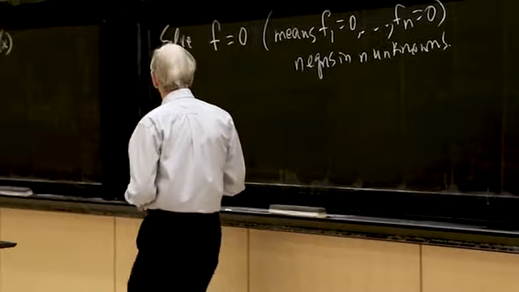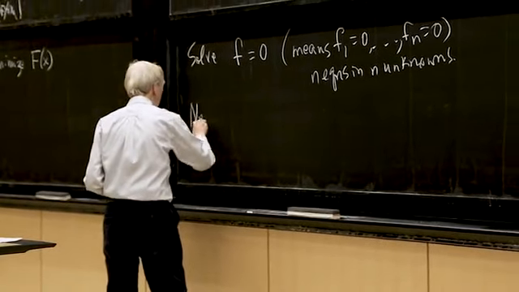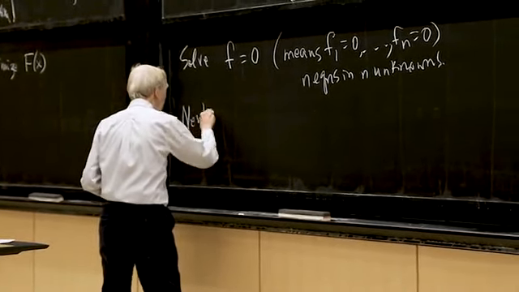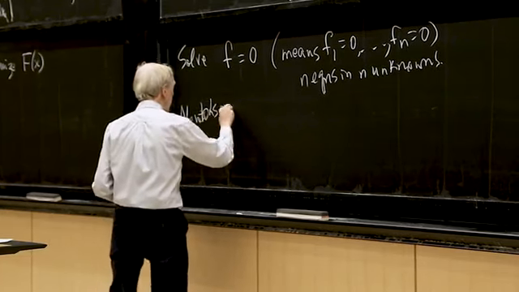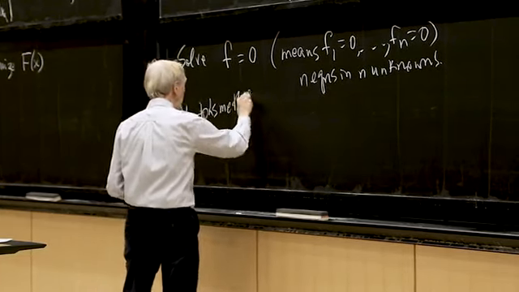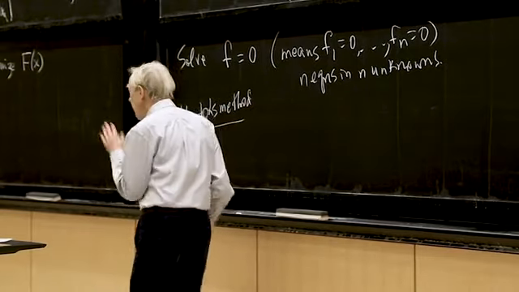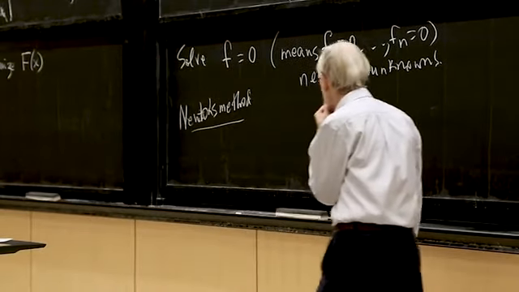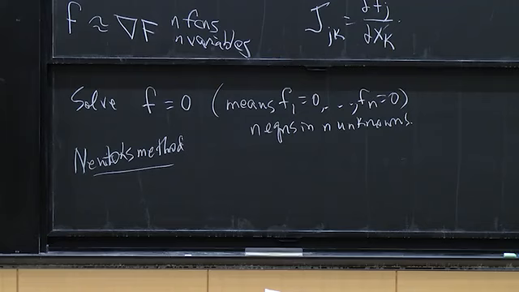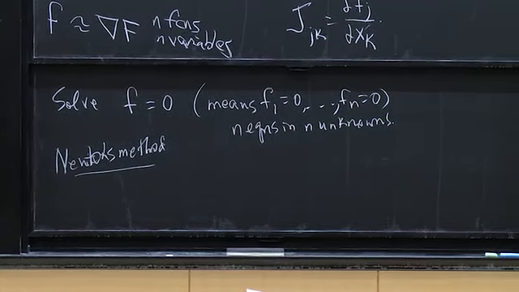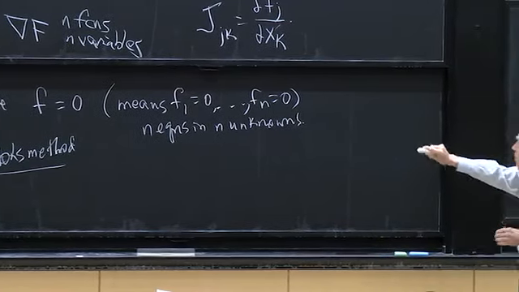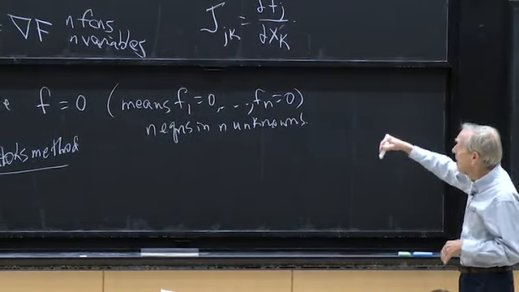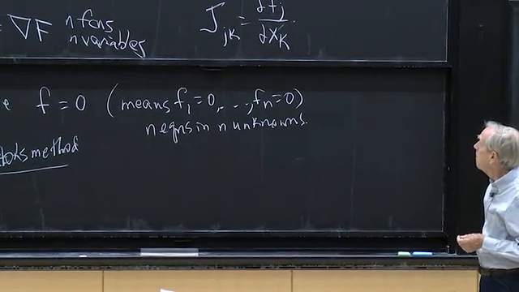Newton's method, which is often not presented in 1802. That's a crime, because that's the big application of the gradients and Jacobians. So I'm trying to solve n equations in n unknowns, and so I want f at x plus delta x to be 0, right?